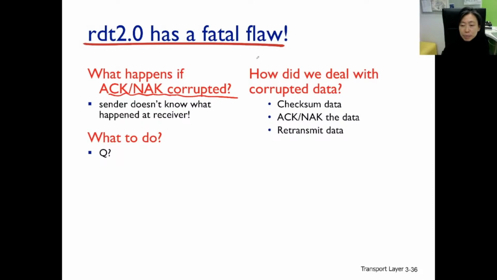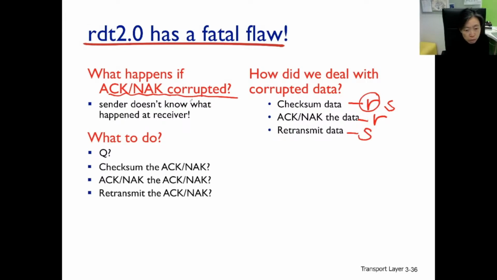Yeah. So how did we deal with the corrupted data? We do the checksum, right? And the receiver, well, actually, we do the checksum at the sender, adding that into the packet, and receiver check it again. Now, if it's not a match, we send NACK. If it's a match, we send ACK. So this is receiver side action. And therefore, at the sender side, we could retransmit data. So perhaps we will do this, right?